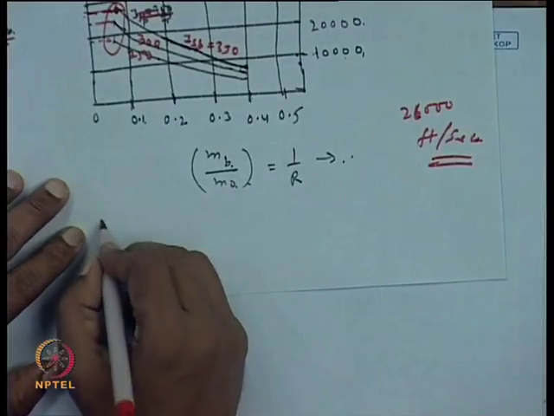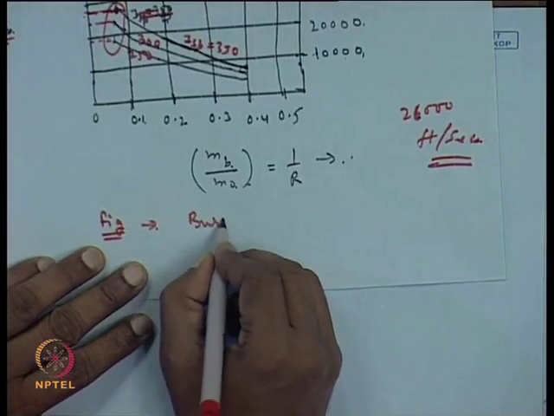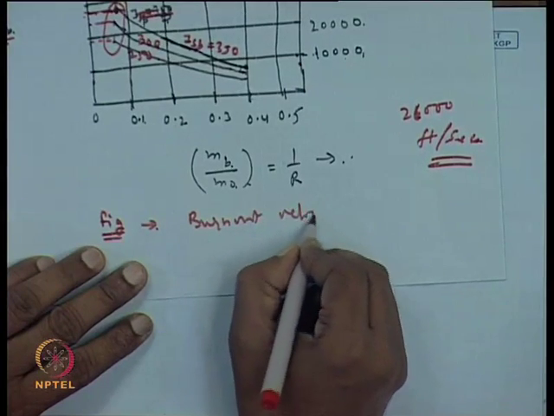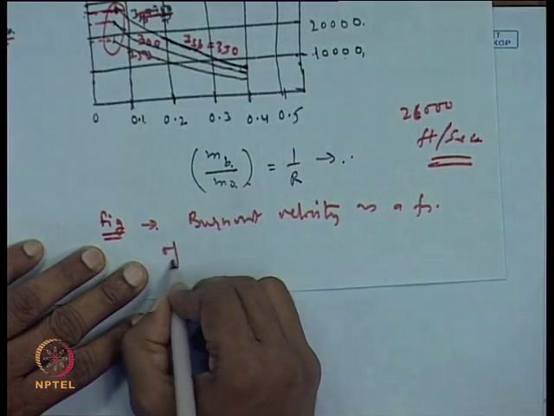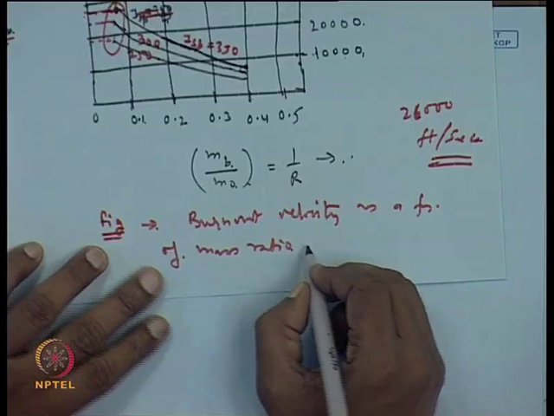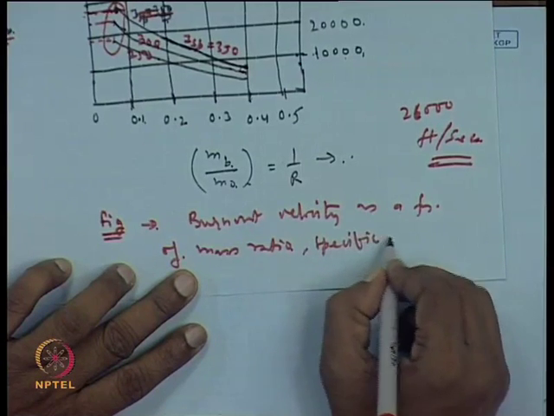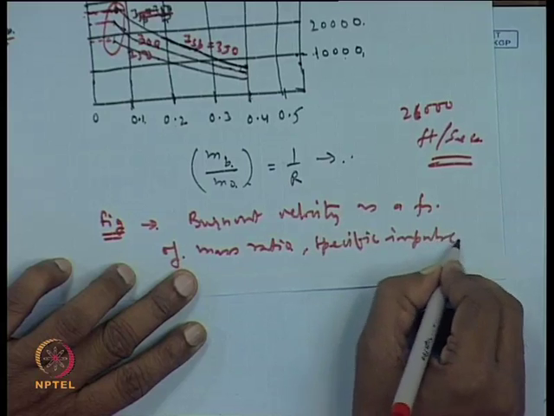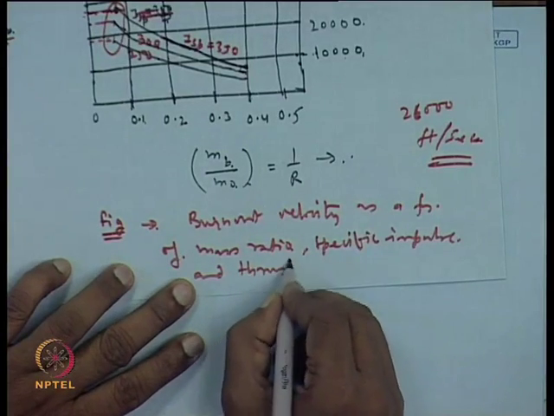So, this figure we refer to as burnout velocity as a function of mass ratio, specific impulse and thrust to weight ratio.